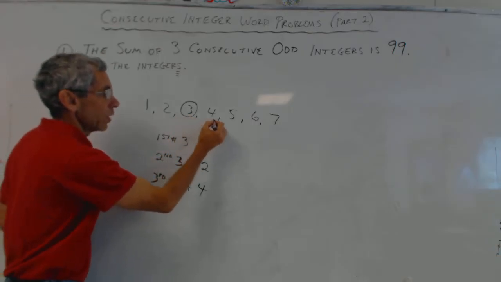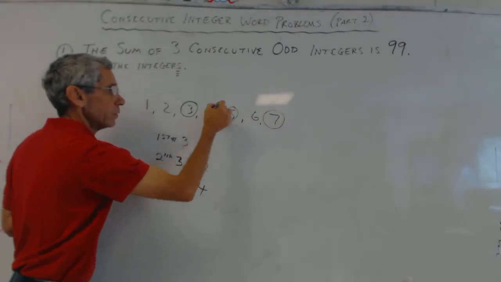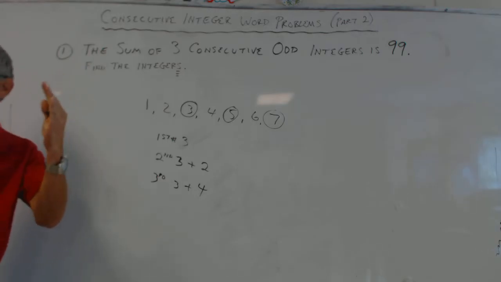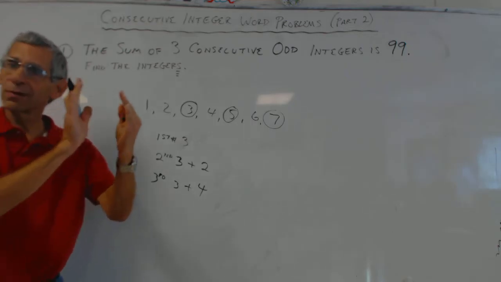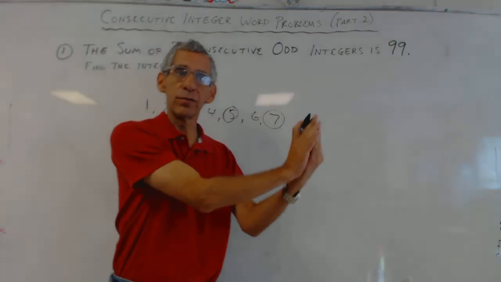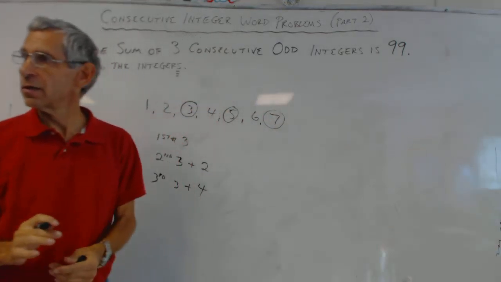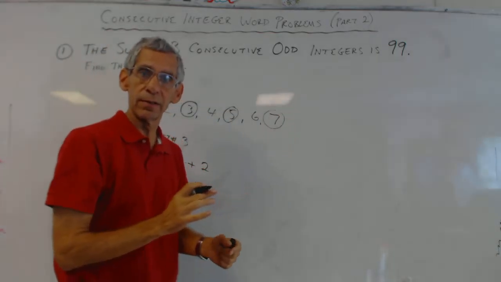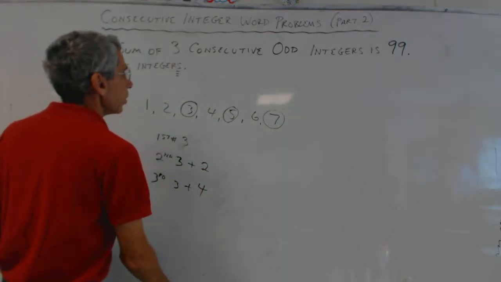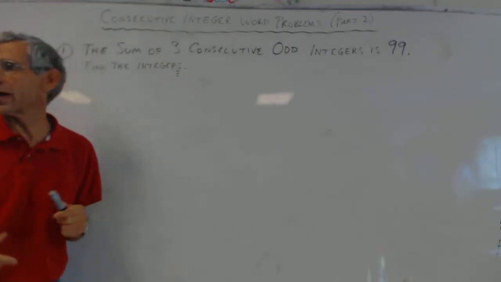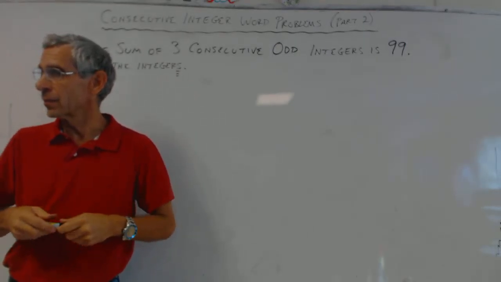Every 2, if you start on an odd, 2 over is odd, 4 over is odd, 6 over is odd. If you start on an even, 2 over is even, 2 over is even. So you solve even and odds exactly the same way.